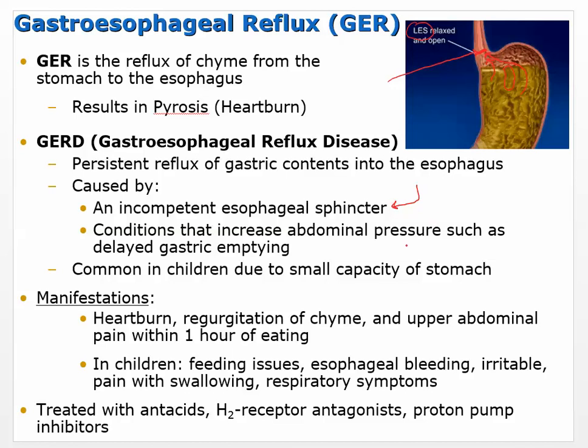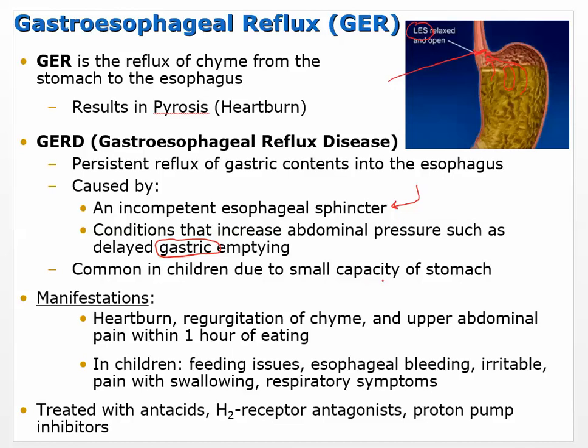Or conditions that increase abdominal pressure, such as delayed gastric emptying. If the stomach and intestines are getting backed up, then it can push back up through the esophagus as well. Gastric always refers to the stomach. So if the stomach doesn't empty, then it gets too full, and increased pressure could push back up.